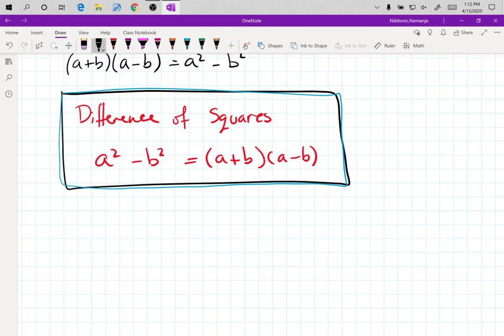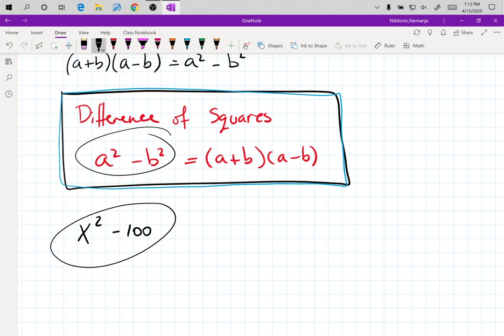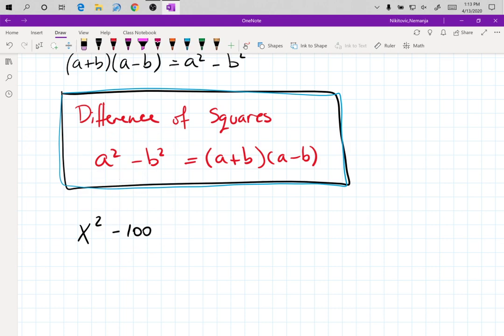An example: x squared minus 100. What do I see? It has two terms, it has a difference, and both of these are perfect squares. So it has all of the features, and all I need to do is write x plus 10, x minus 10.